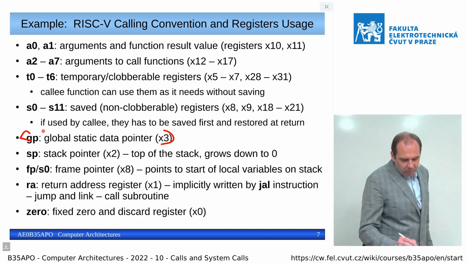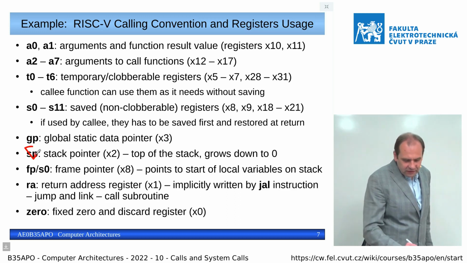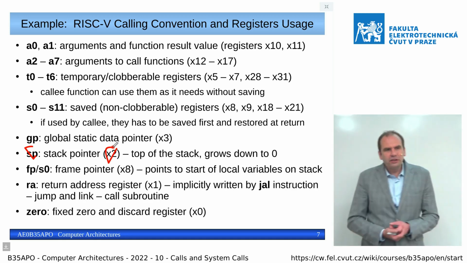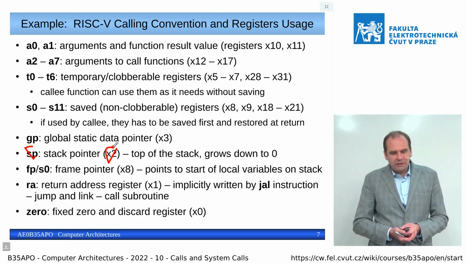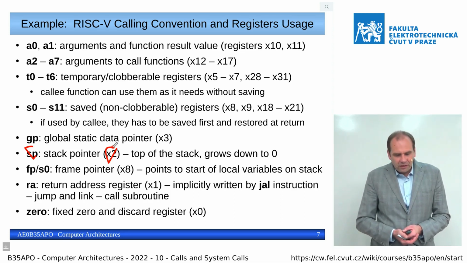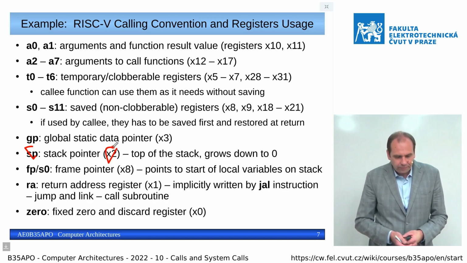So it is the global pointer, and then we need a stack pointer, which is in register X2, used to define the top of the stack to allocate automatic variables and additional arguments and so on.